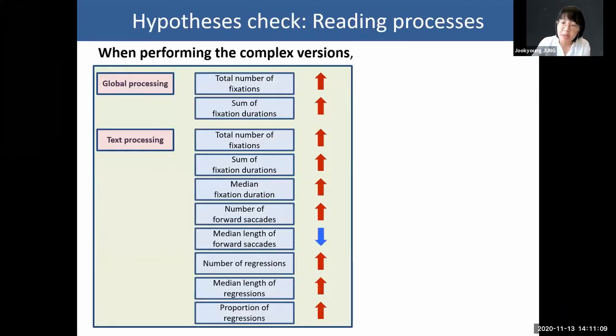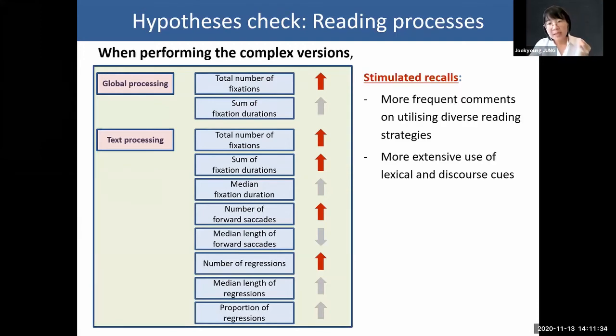So in sum, out of these hypotheses that we made, for these cases, we could find evidence from the data. That is the number of fixations for both global and text processing, as well as the number of forward as well as regressive eye movements under the complex version.